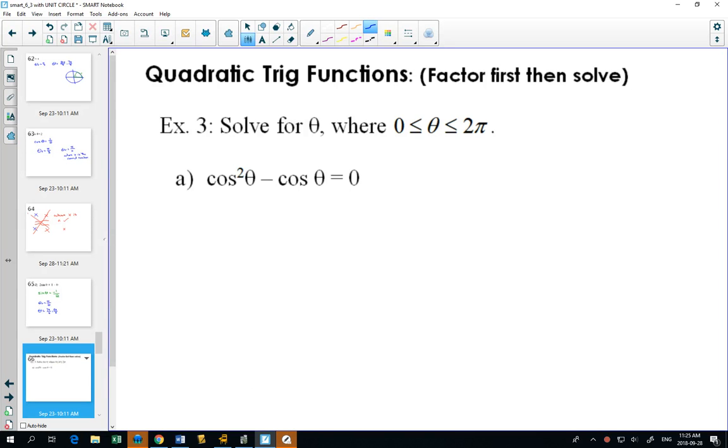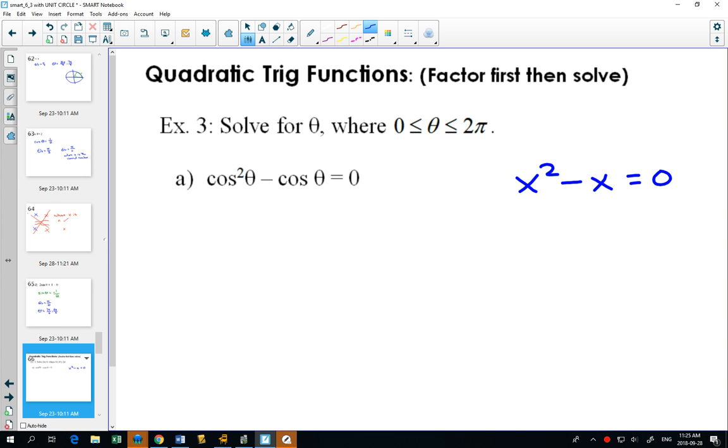Solving quadratic trig equations: how do you solve, like if these were x's, how do you solve for x? X equals x, where x is the right answer. Okay. X equals square root x. How did you solve quadratic equations in grade 11?